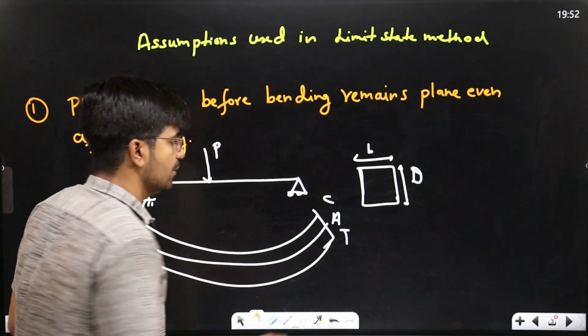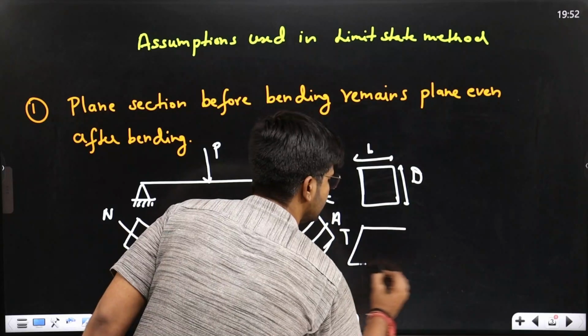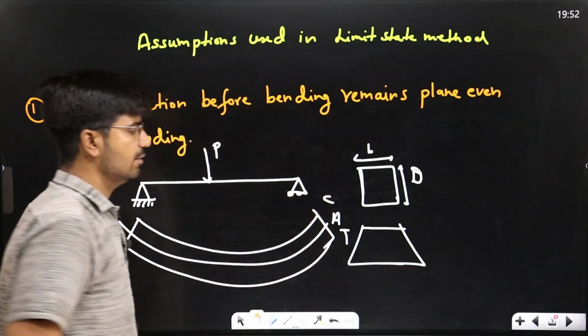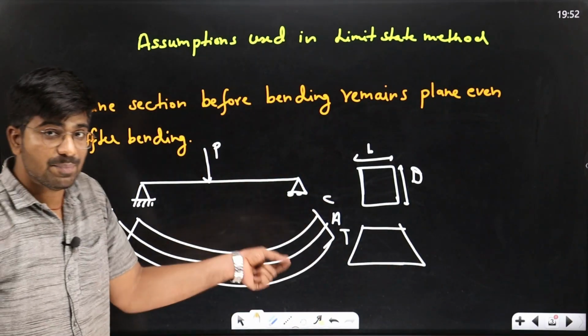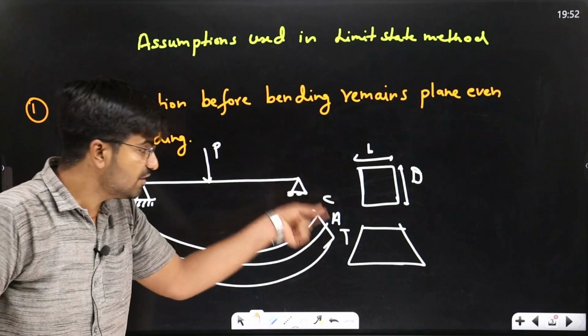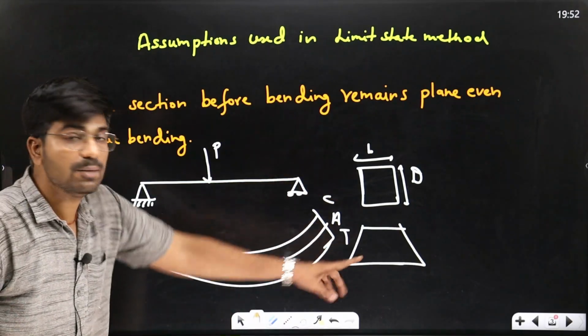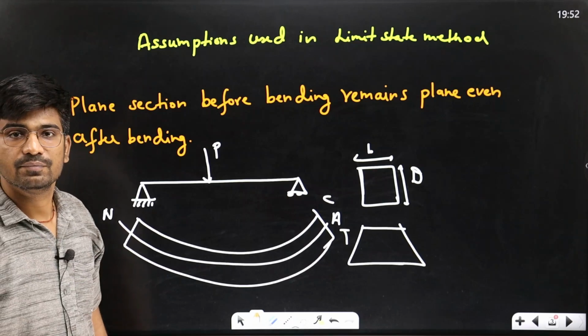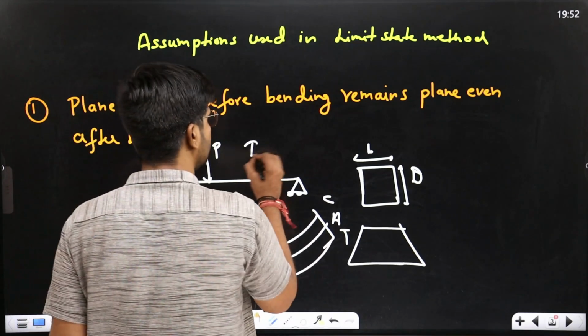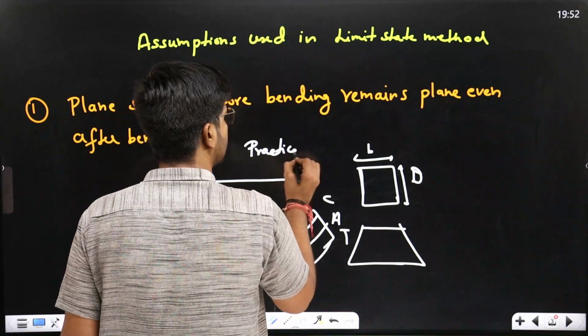So the cross section will come like a trapezoid. Practically, this is what actually happens. Before bending it is a plane section; after bending it is not a plane section. This is your practical condition.